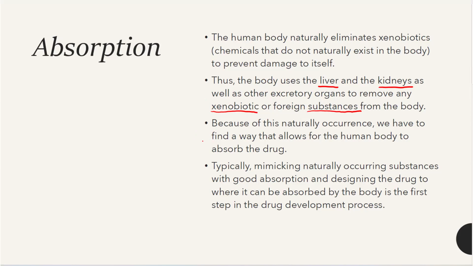If we find a particular drug that's very effective, we want the body to not say, oh, I've never seen that before, I better get rid of it. Instead, we have to trick the body. We've got to decoy the body into thinking that it's good. So typically, mimicking naturally occurring substances with good absorption and designing the drug to where it can be absorbed by the body is the first step in drug development.